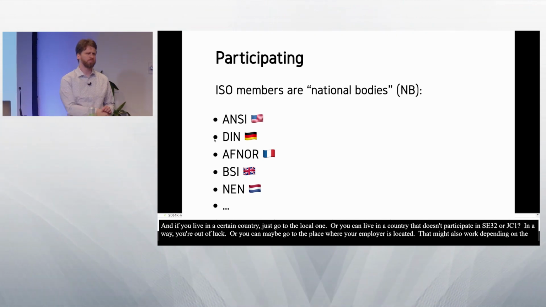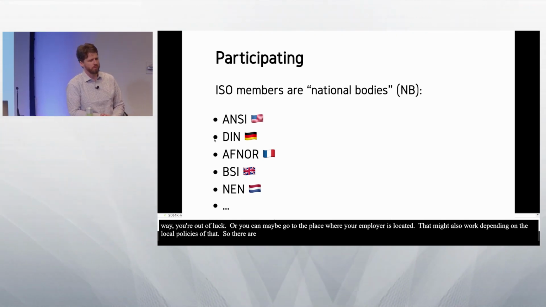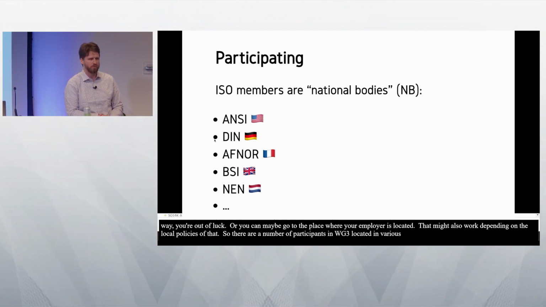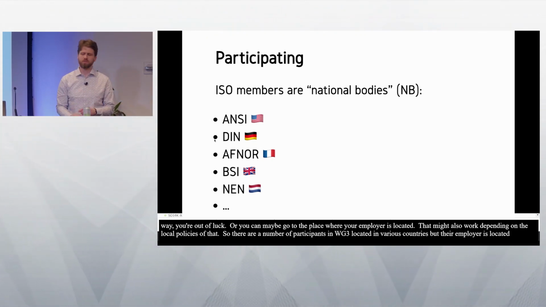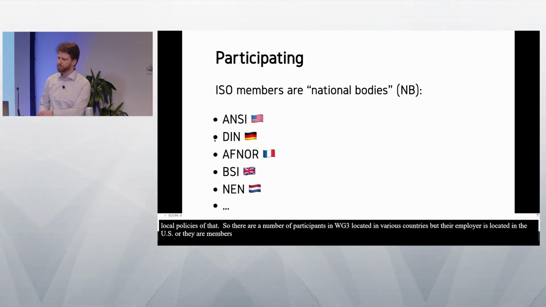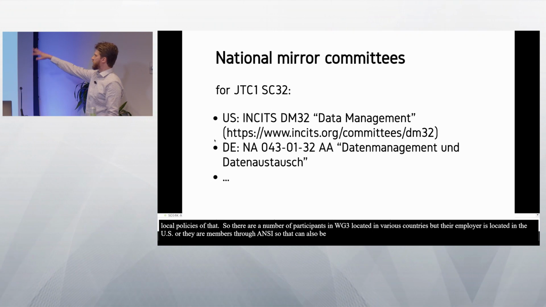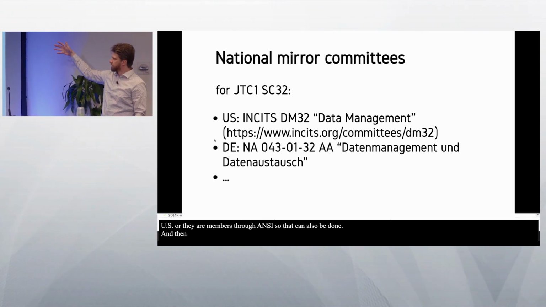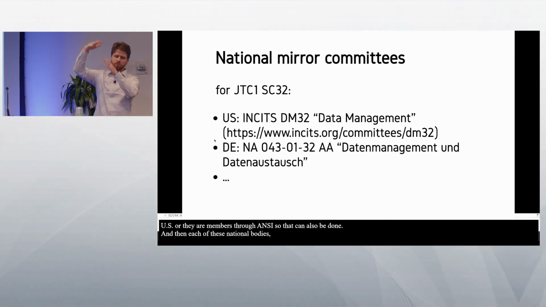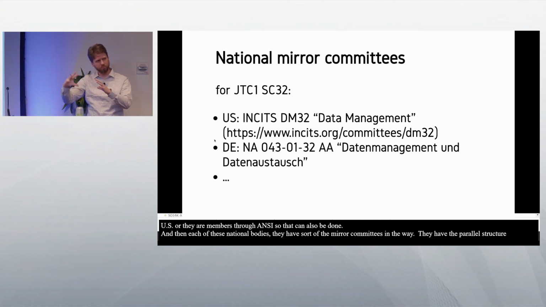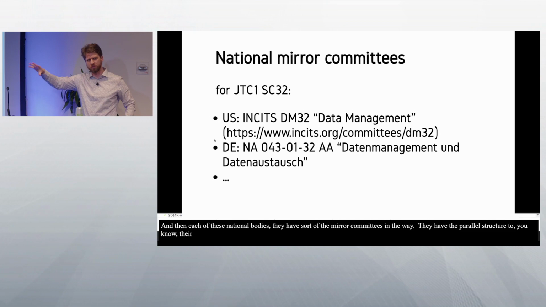So there are a number of participants in WG3 actually that are located in various countries, but their employer is located in the US, so they are actually members through ANSI, so that can also be done. And then each of these national bodies, they have what sort of the mirror committees in a way. They have a sort of a parallel structure to, their own little sort of committees and subcommittees that sort of mirror this international structure.